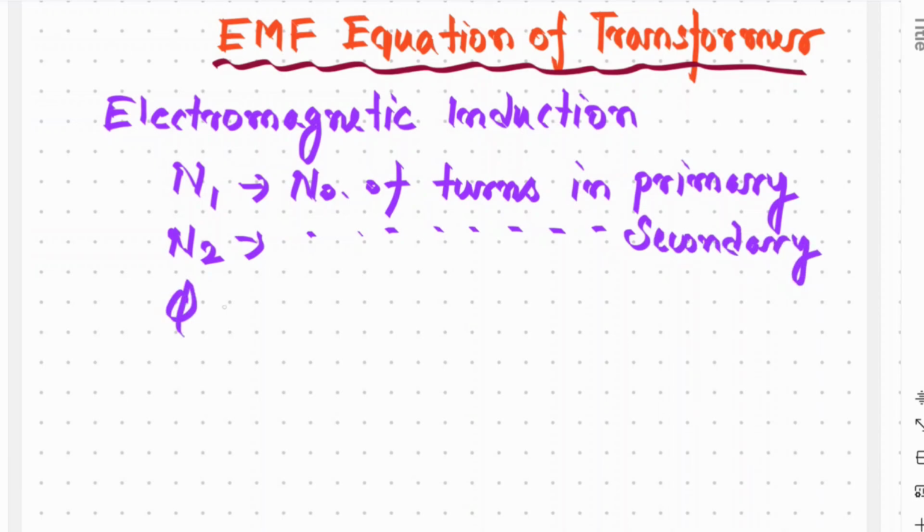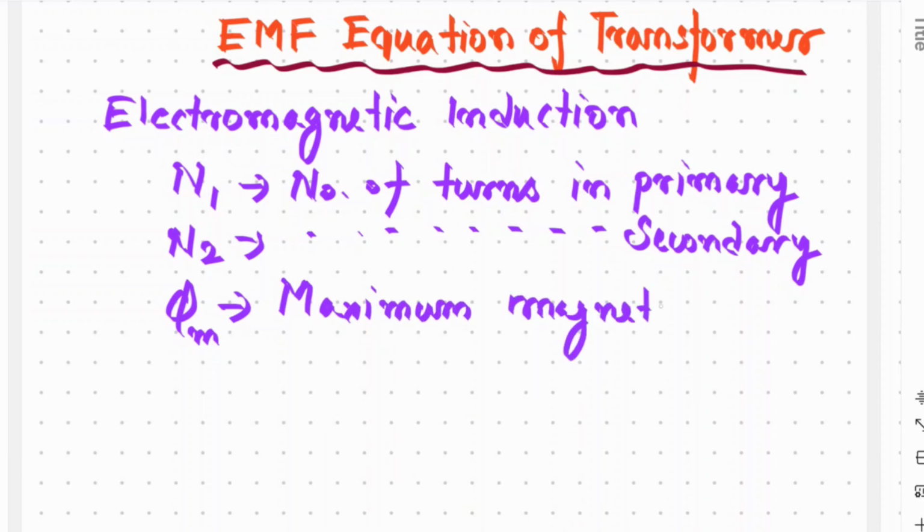Phi m is the maximum magnetic flux. And then f is the frequency, E1 is the EMF in the primary, and E2 is the secondary EMF.